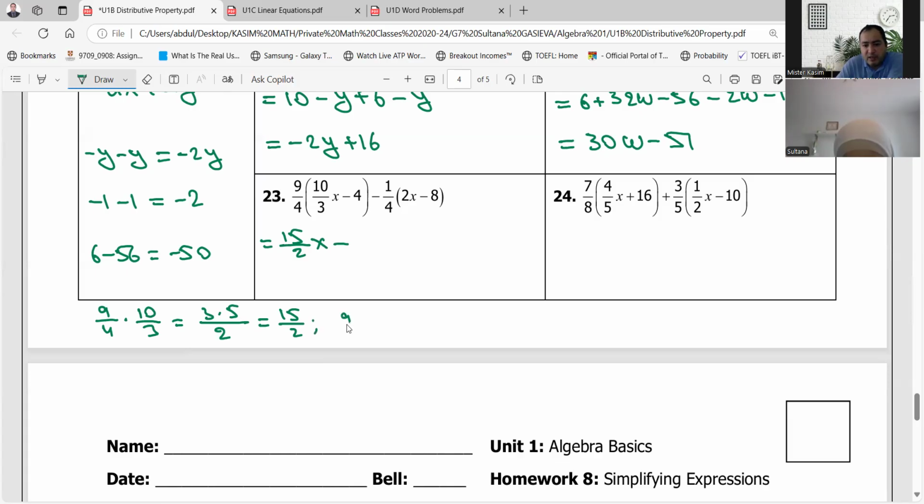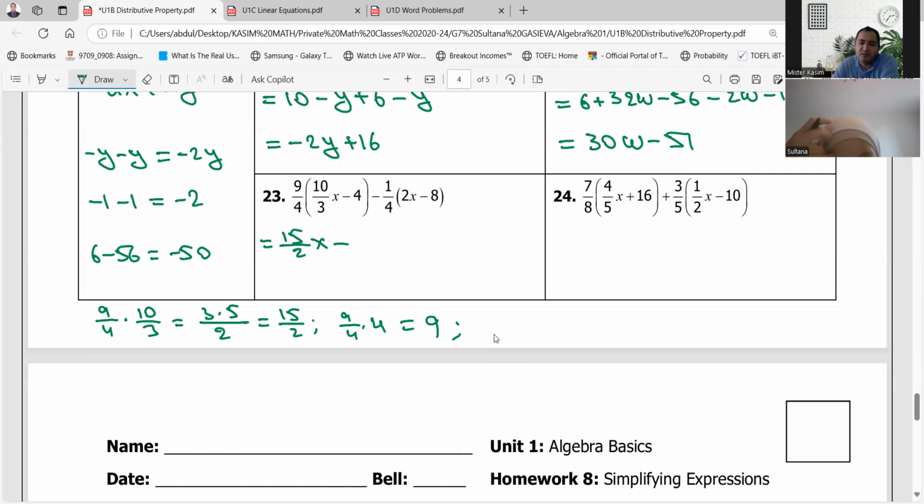And how about what is 9 over 4 times 4? It is 9, Sultana. What's wrong with you? I told your father that Sultana is learning really well.